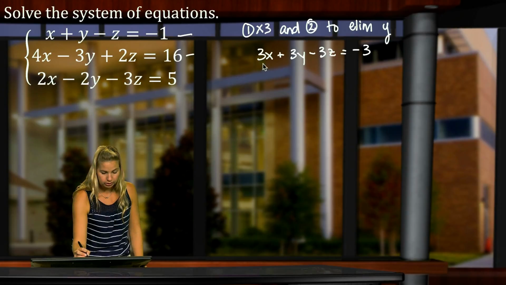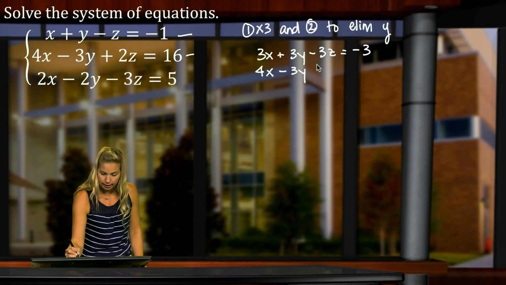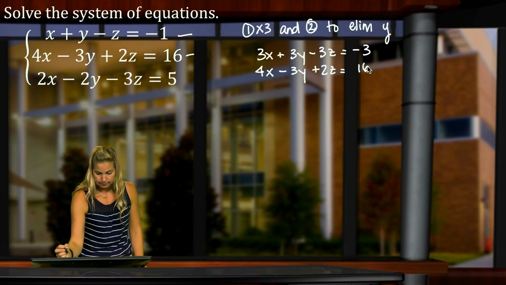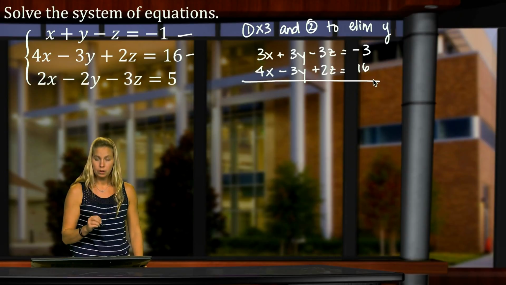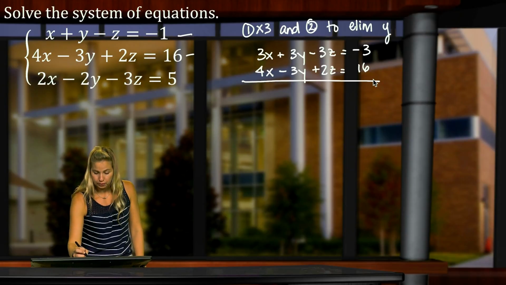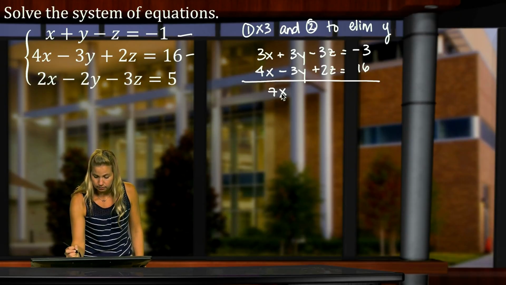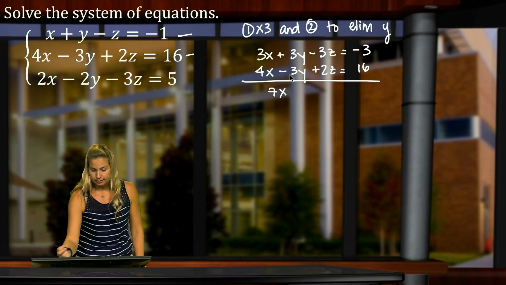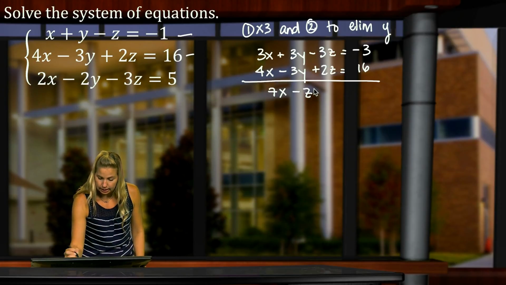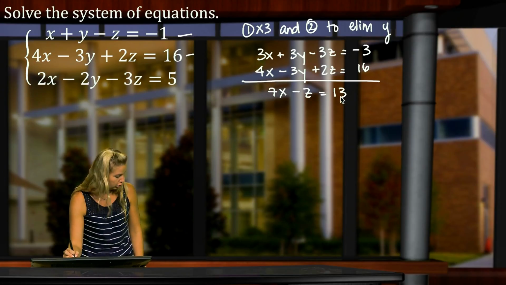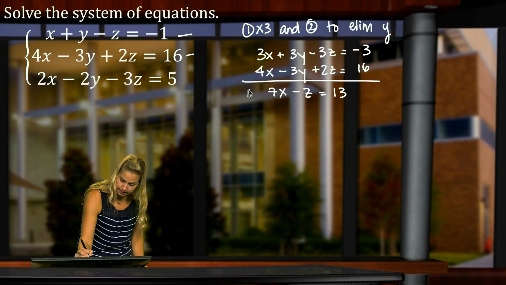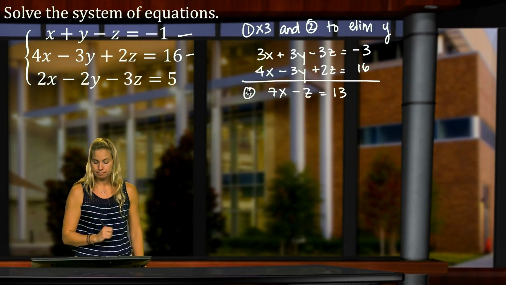And my second equation stays the same, 4x minus 3y plus 2z equals 16. When we combine these, we get our fourth equation. We get 7x, the 3y's cancel out, minus z equals 13. This is going to be equation 4.